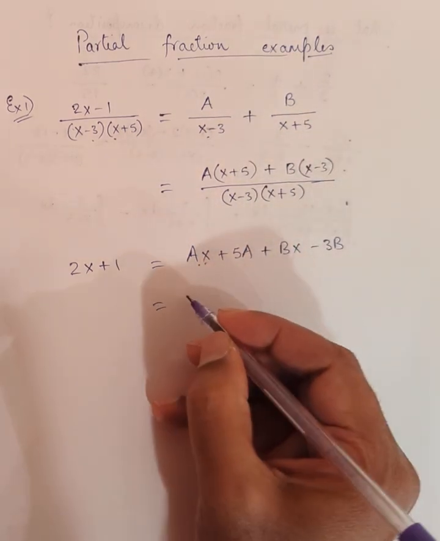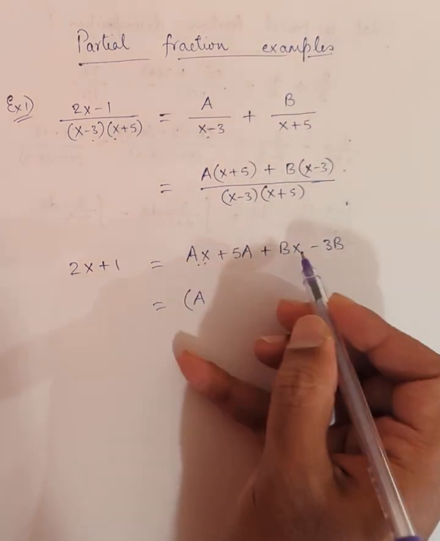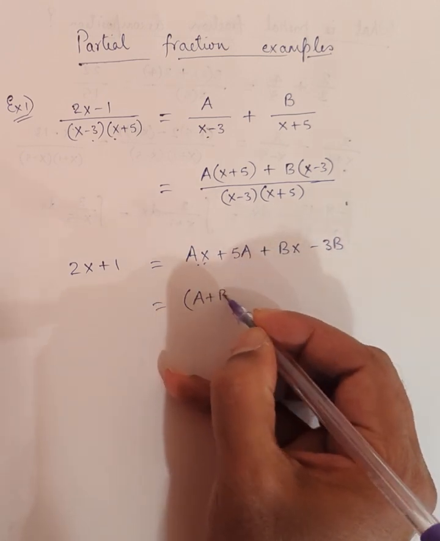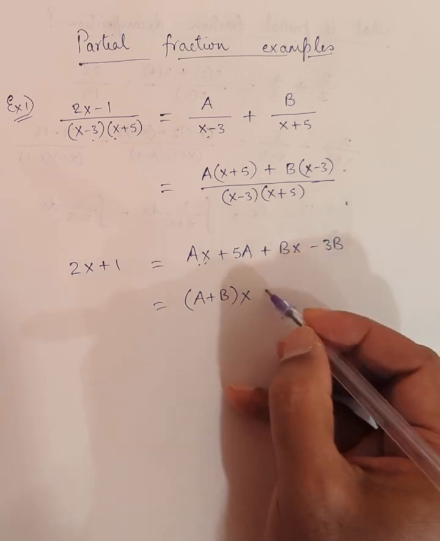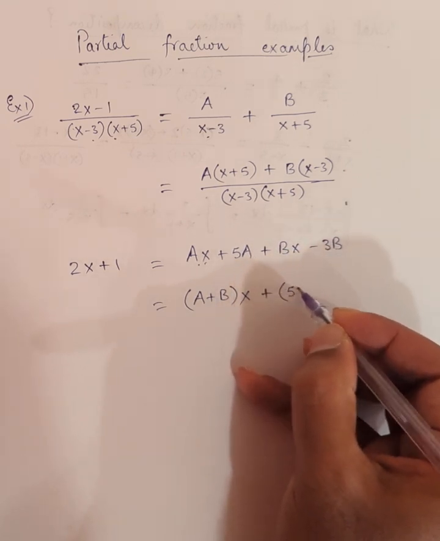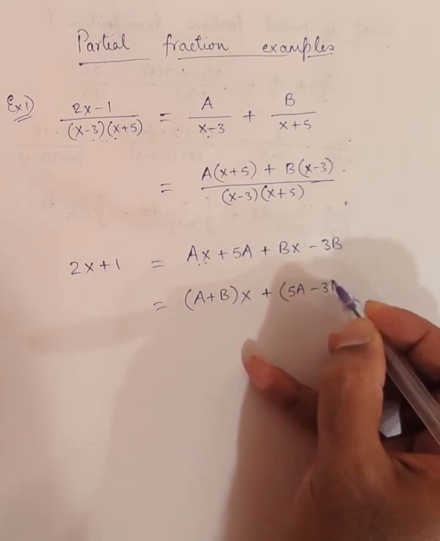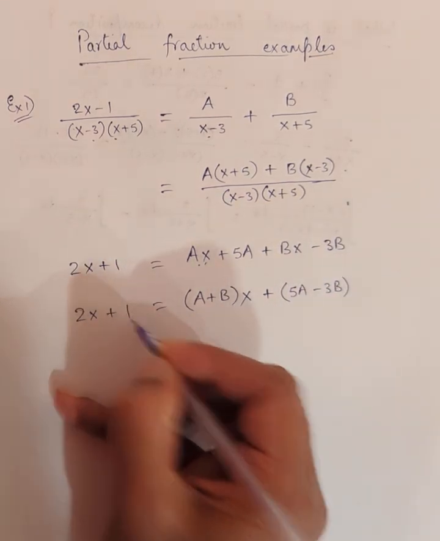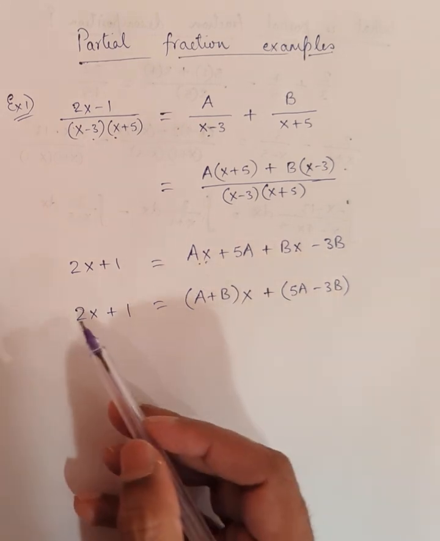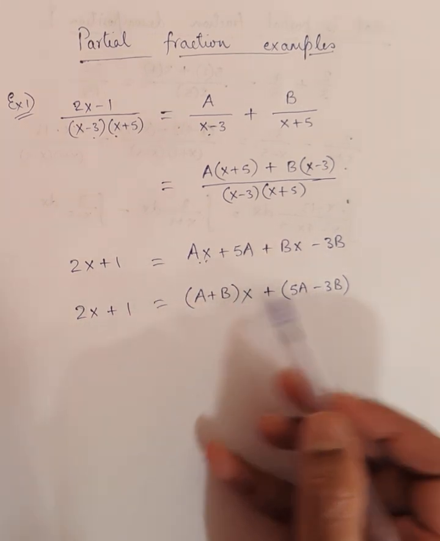So a plus b, these two are the like terms, a plus b times x, and then these two are constant terms. So we can group them together, 5a minus 3b, and this happens to be equal to 2x minus 1. So this is a polynomial in x, and that's a polynomial in x.